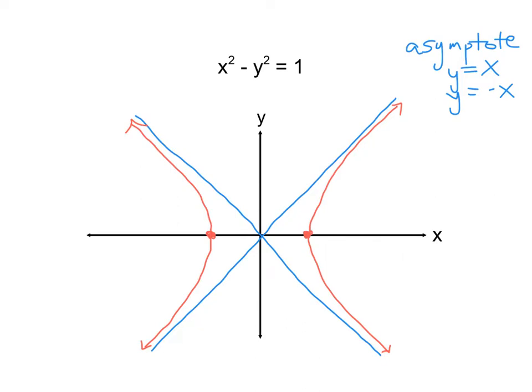The further you go off to the right, the closer x and y would have to be in order to make this equation true, meaning y equals x would be an asymptote. Similarly, y equals negative x could be an asymptote. While the hyperbola itself is just what's pictured in red, the asymptotes are very important parts of that drawing.